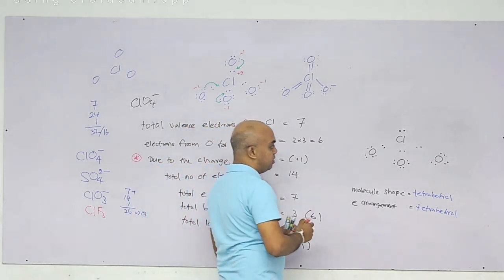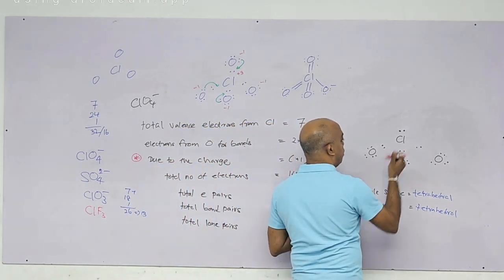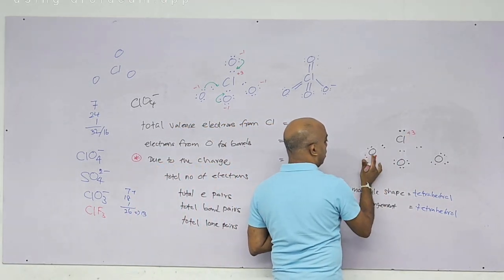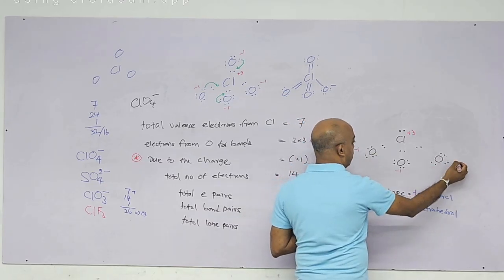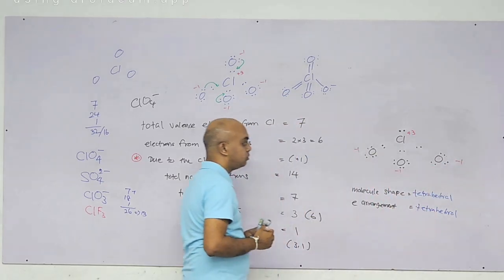Then the formal charge: 1, 2, 3, 4. This is plus 3, minus 1, and minus 1, right?